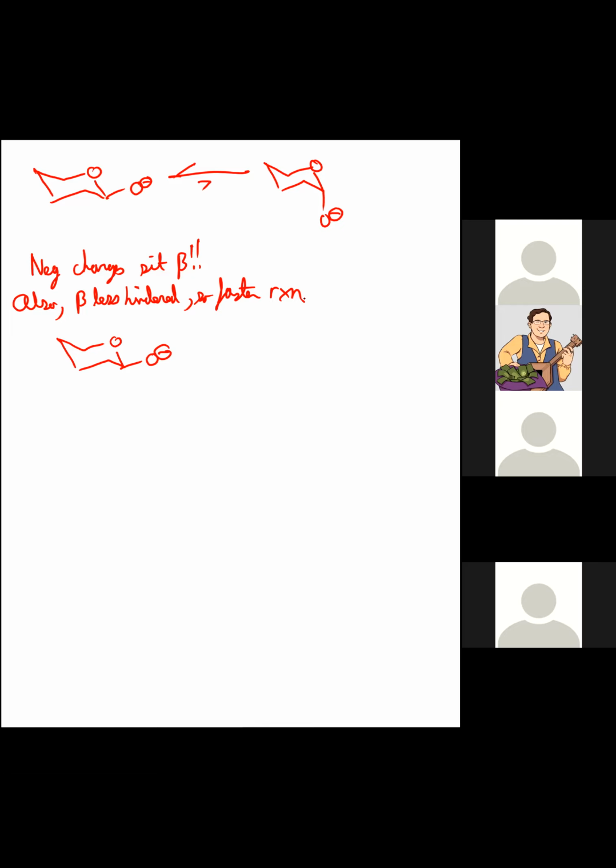And so for that reason, we kind of set up an equilibrium system like this, where of course fast and slow are relative terms. This reaction is fast no matter how you look at it.